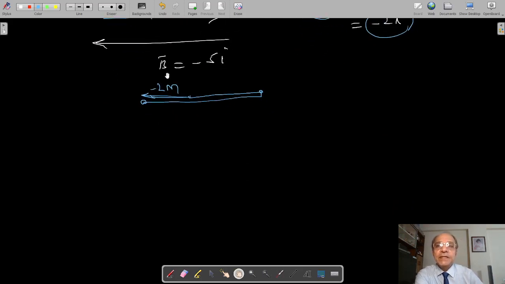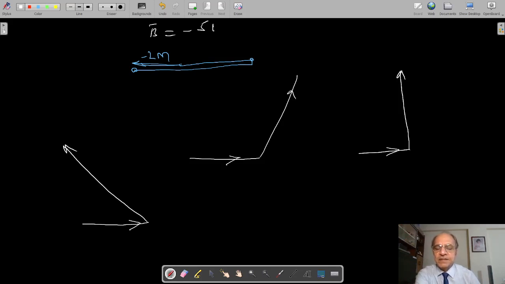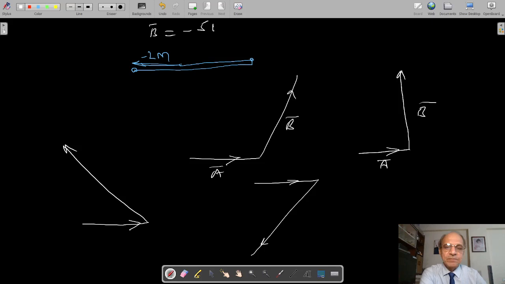But vectors could be in any direction, say 3 meter in this direction and 5 meter in this direction, or 3 meter in this direction and 5 meter in that direction. So this is A and this is B, in each case.